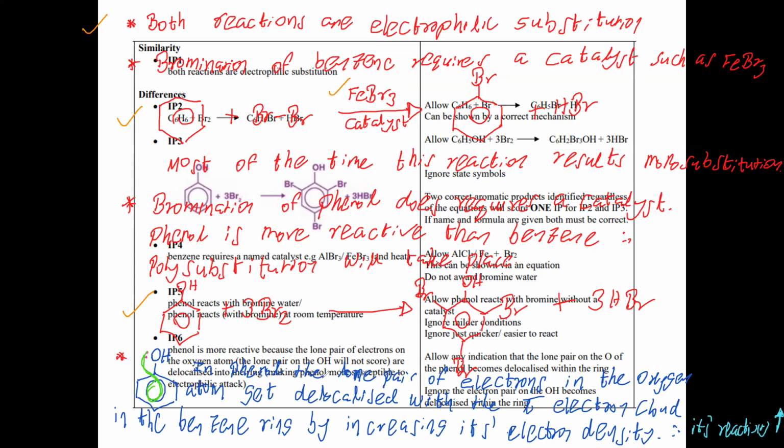Okay, so allow an indication that the lone pair of the oxygen atom in phenol becomes delocalized with the ring. Yes, okay, that's fine. So that's the point they are expecting here. Here, phenol reacts with bromine water, allow phenol reacts with bromine without a catalyst. Yes, so we have all 6 points in our answer.